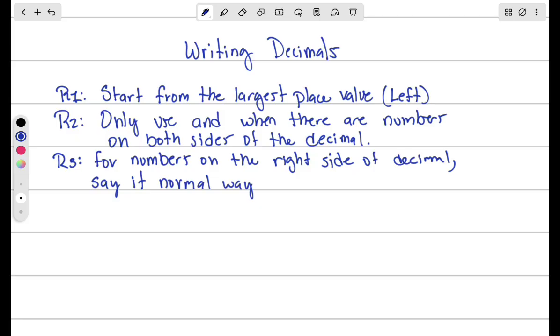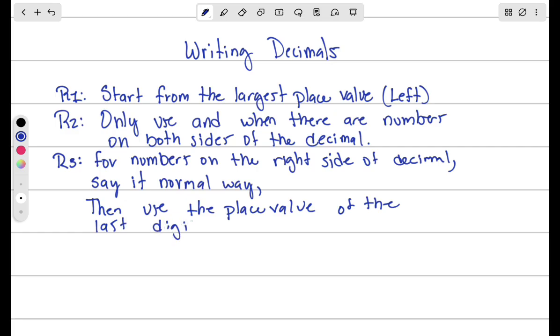Say it as if there's no decimal there. Then use the place value of the last digit. That's it. All right. There's some other little stuff that we can work through, but let's just get started there.